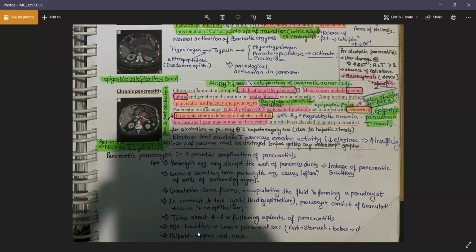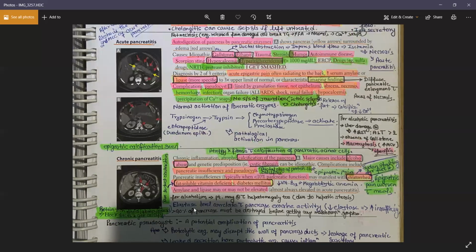Generally the patient will present with a palpable abdominal mass. So a patient with a recent history of acute pancreatitis, like 4 to 6 weeks or a month ago, now presents to the emergency department with a mass in the abdomen or abdominal distension. You will perform a CT of the patient, and you will see this kind of thing.